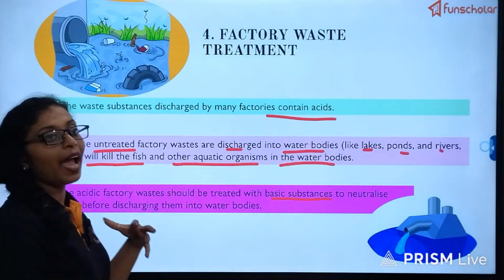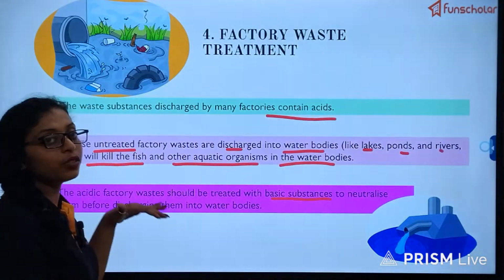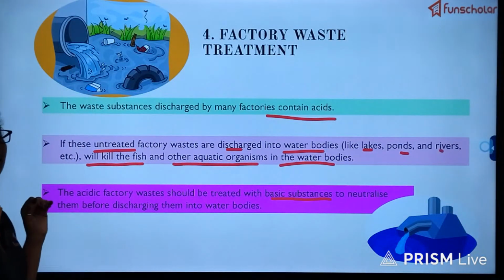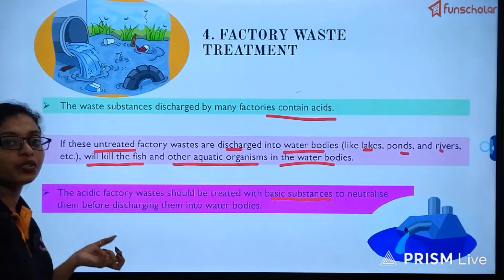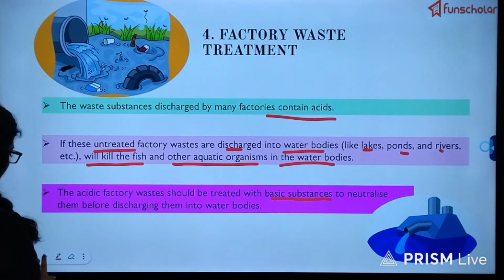It will not be as destructive as it would be if we only released the waste untreated, right?